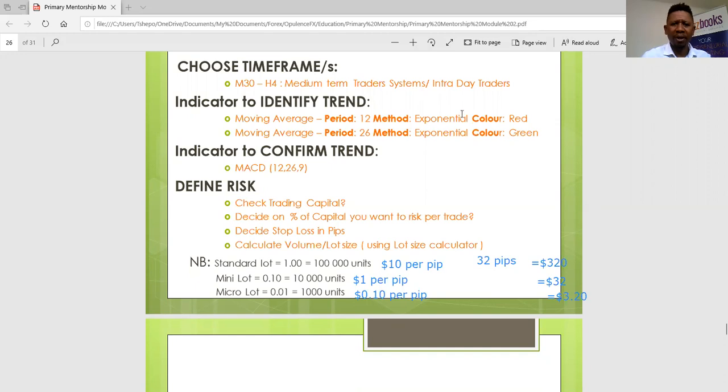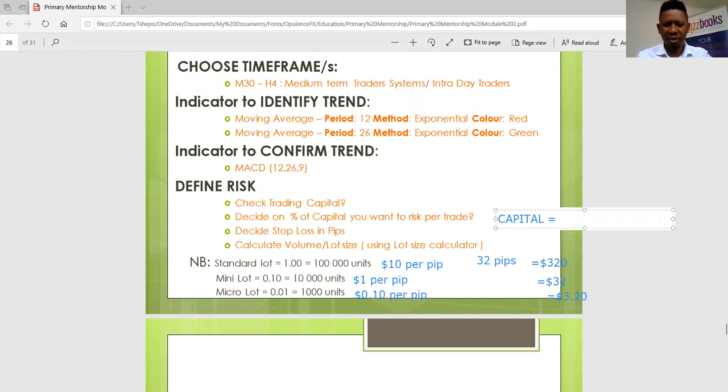So when we go back to that, the one with the biggest lot size will lose more money. Here, $320, trading one lot in a $1,000 account. Remember, the capital in this instance is $1,000.